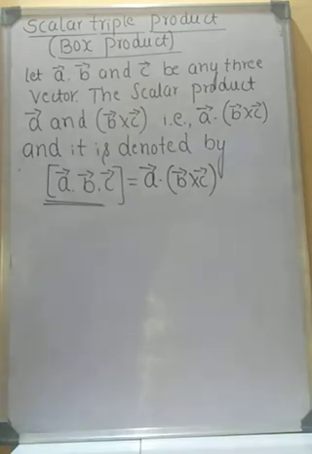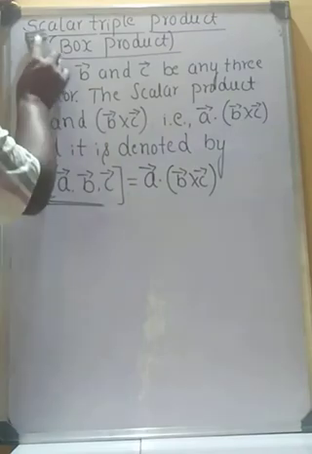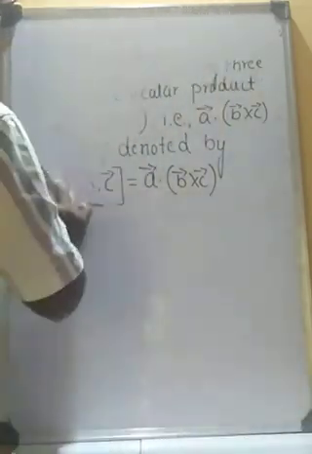Next, what are the observations of the scalar triple product or box product of three vectors?